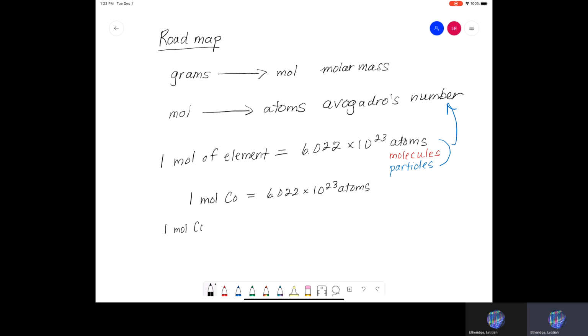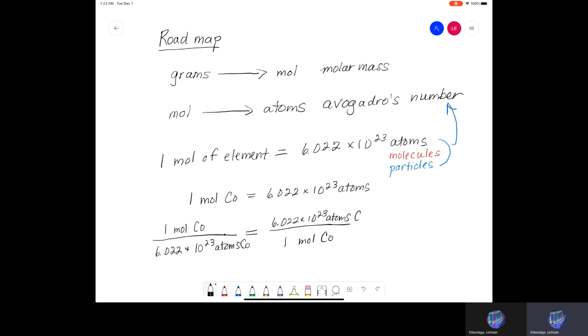So I have 1 mole of cobalt over 6.022 times 10 to the 23rd atoms. And because I can use my conversion factor with either the moles on top or the moles on the bottom, you're going to write the other conversion factor. That is going to be 6.022 times 10 to the 23rd atoms, all over 1 mole of cobalt.